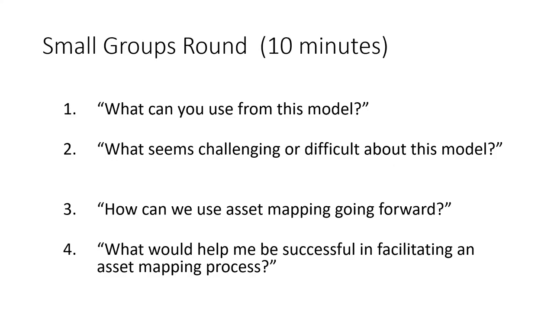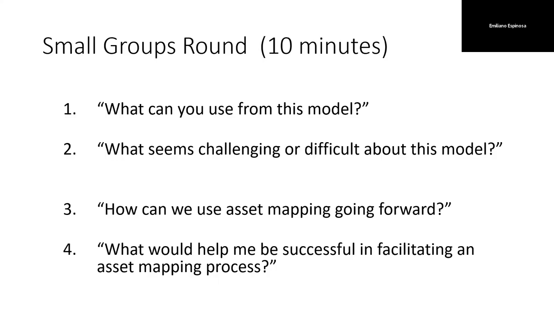Yeah, this is Emiliano. We are group 2. And one of the things we talked about was, well, I personally am working on opening a farmer's market here in the city where I'm at. And I was not sure how to use the context of asset mapping with a business.